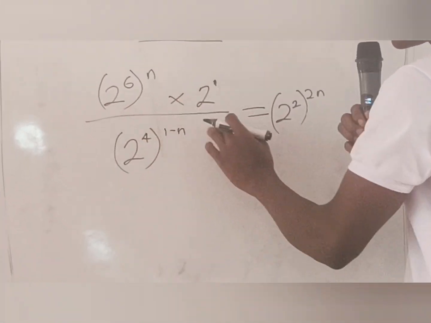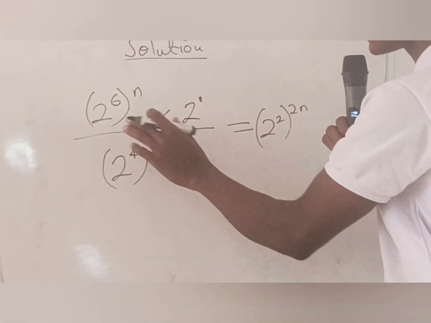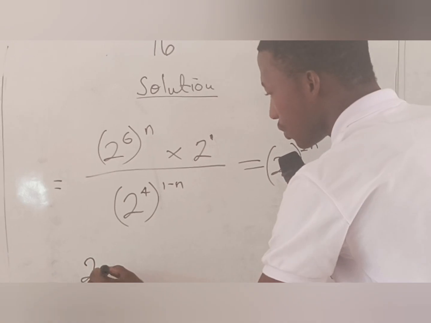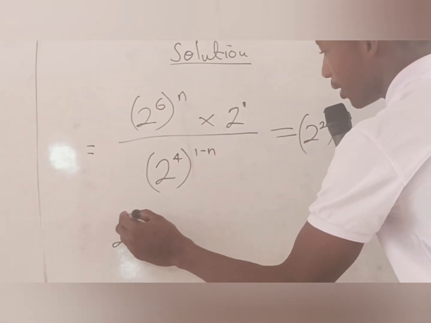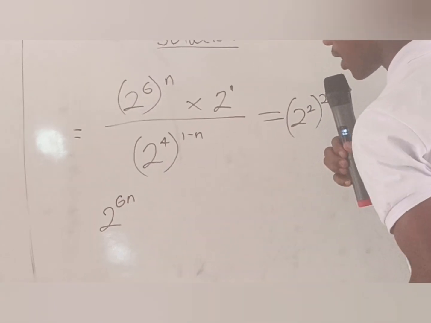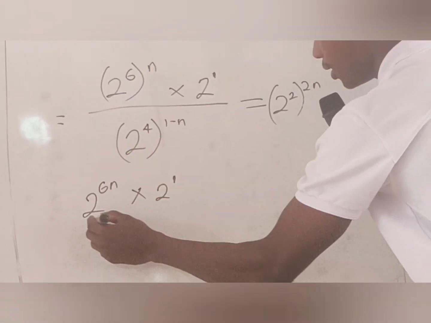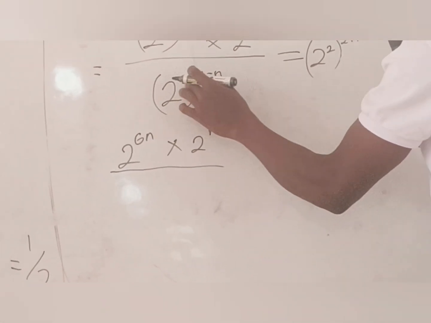So from here, dealing with the numerators, we have the bases to be the same. And if the bases are the same and they are multiplying, we add. Okay, let's simplify this one first. So we have 2 to the power 6n, power multiplying another power, 6 times n. Then we have 2 to the power 1. All out of, we simplify this one.